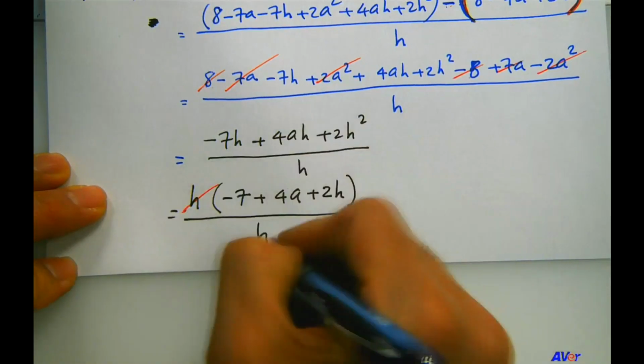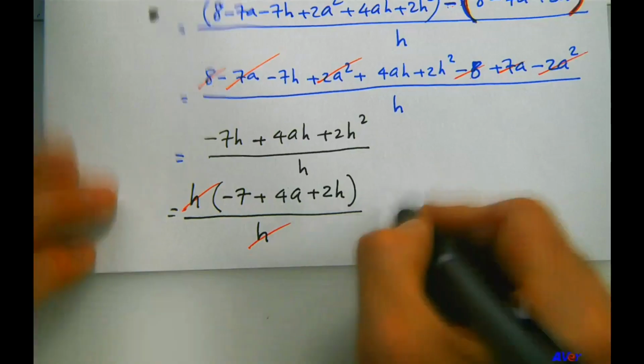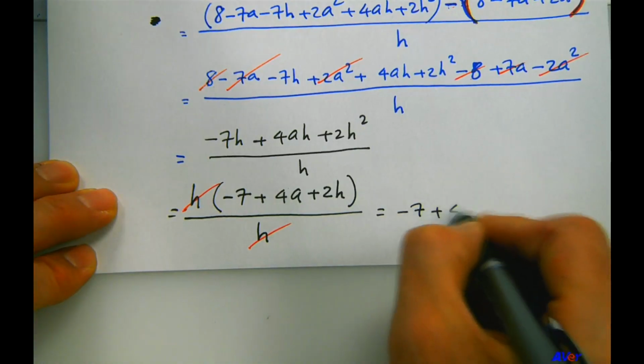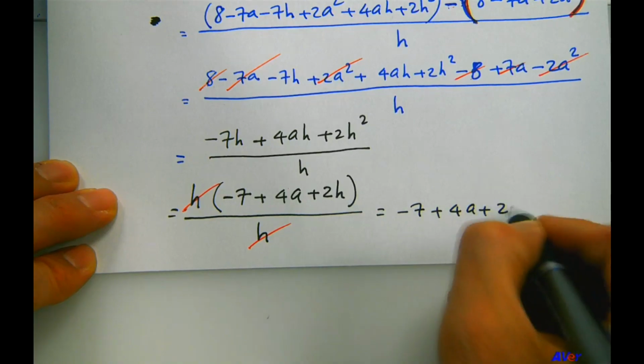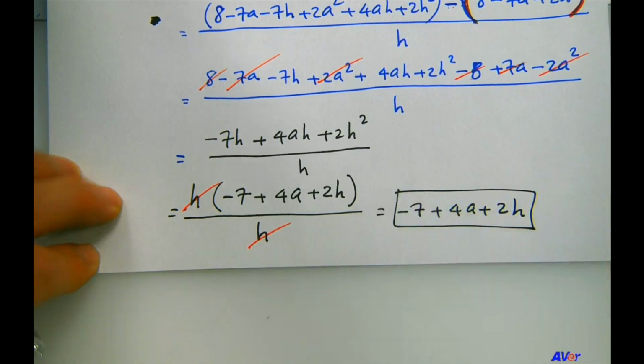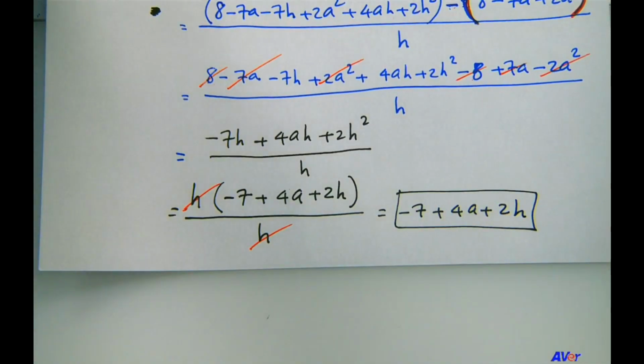Absolutely. This h and this h cancel out, and we end up with minus 7 plus 4a plus 2h. Yes, that's correct.